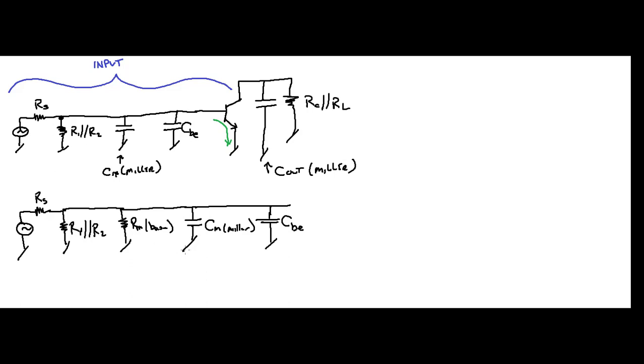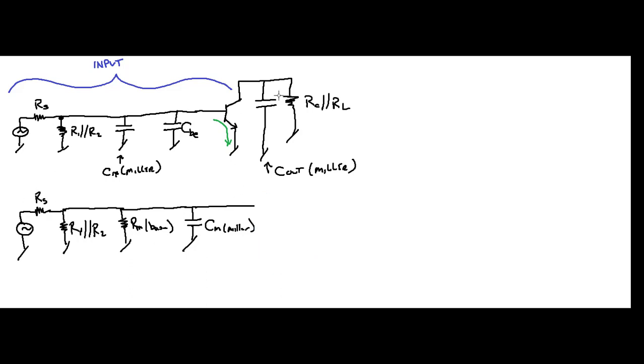Since these two are in parallel, if you remember, capacitors in parallel, you can simply add. So why don't we just get rid of this other capacitor here? Where's your delete key? There it is.